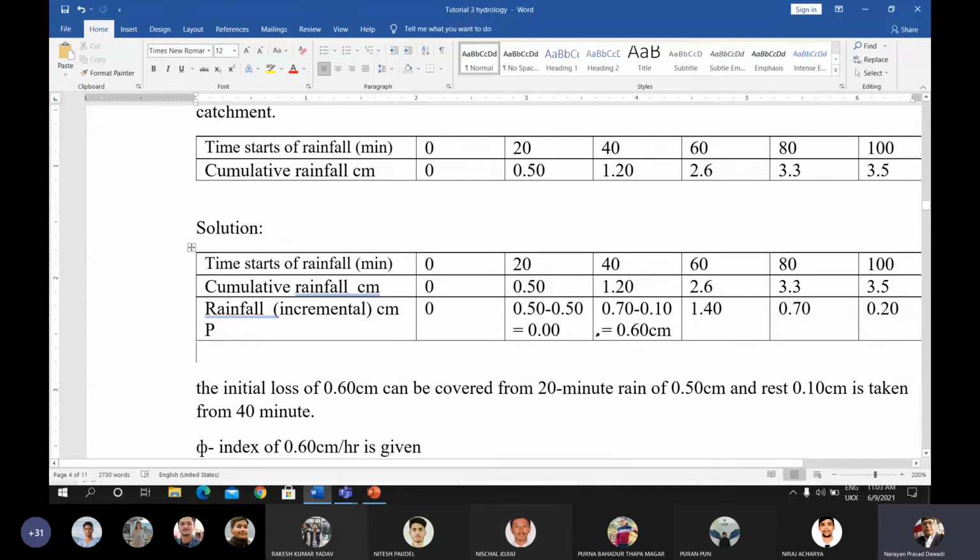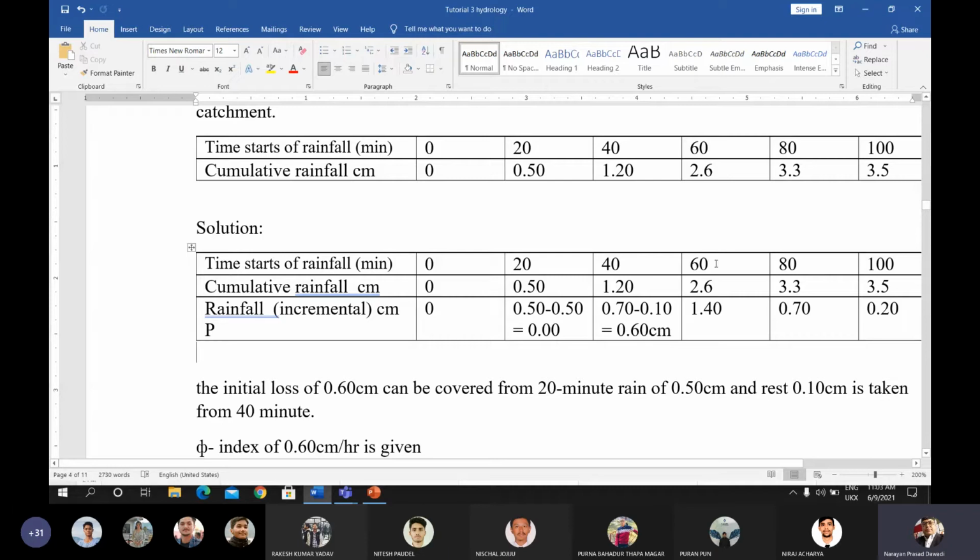The 0.70 rainfall becomes 0.60 centimeter, because 0.50 is taken from the first 20 minute rain, and the 0.10 centimeter is taken from the second 20 minute rainfall. So the rainfall utilized for infiltration will be 0.60 centimeter here.